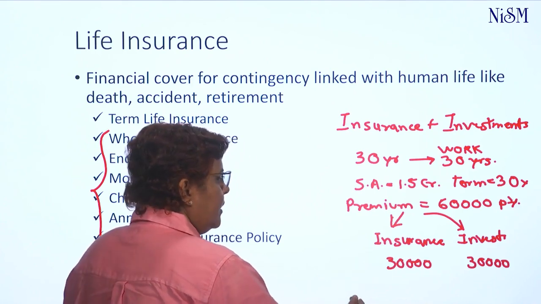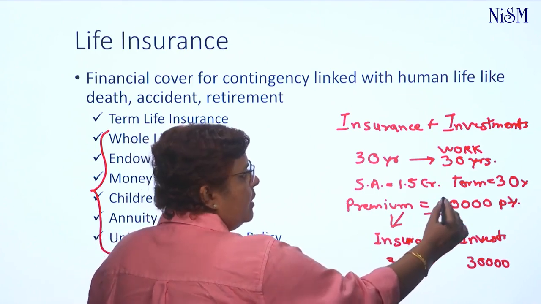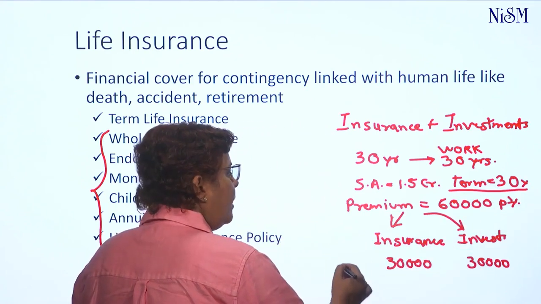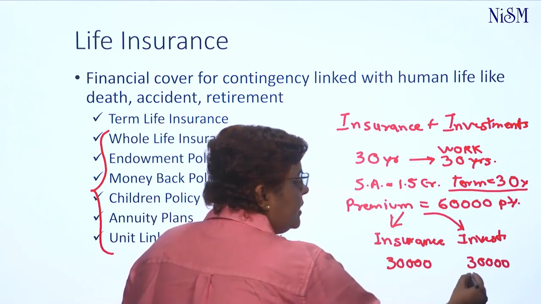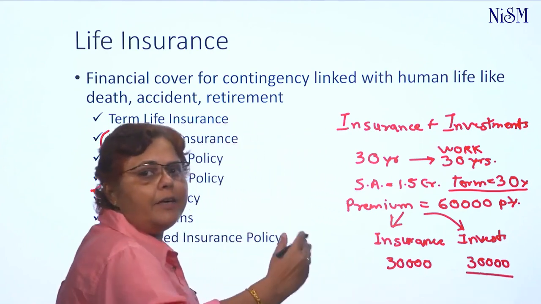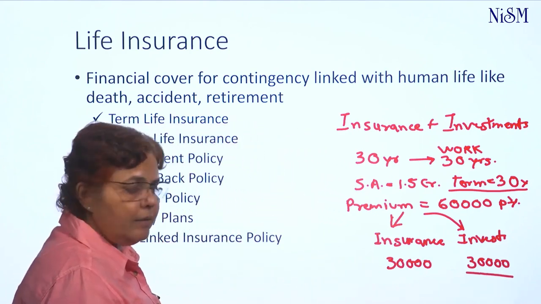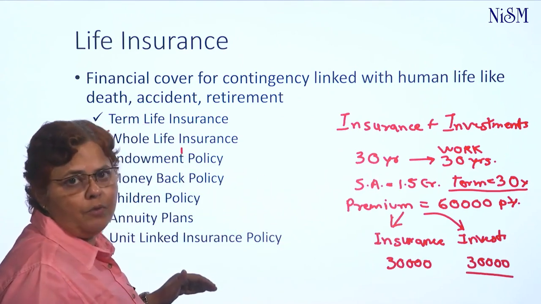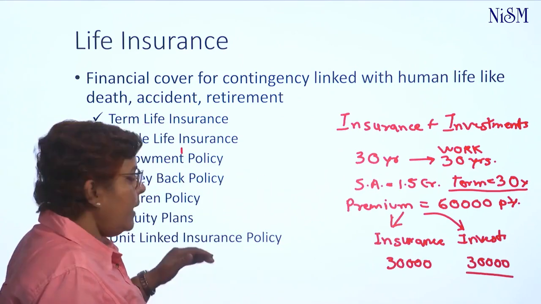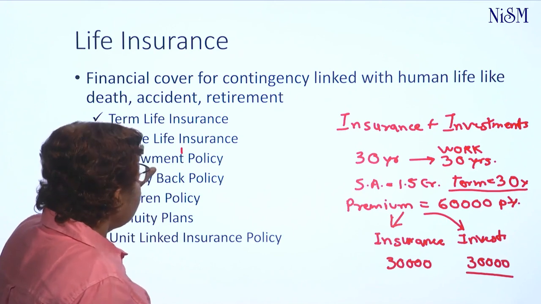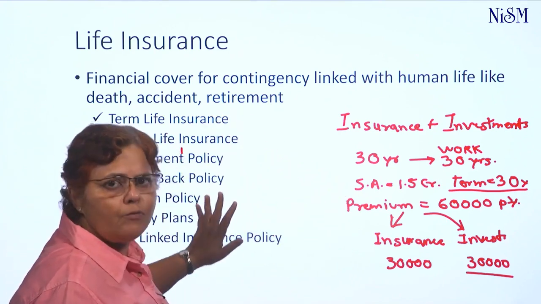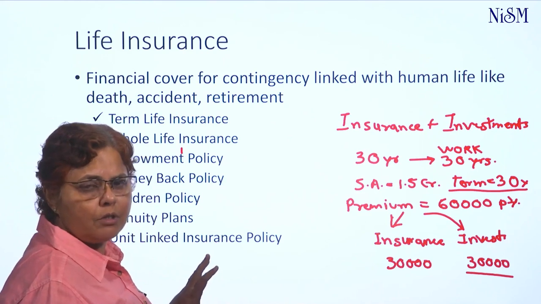Because of this, if he survives the complete term of 30 years, he is going to get a lump sum amount as a result of this 30,000 being invested every year. That is the format in which all these insurances will work. What is whole life insurance? This is the format which is more or less followed by all these life insurance covers.